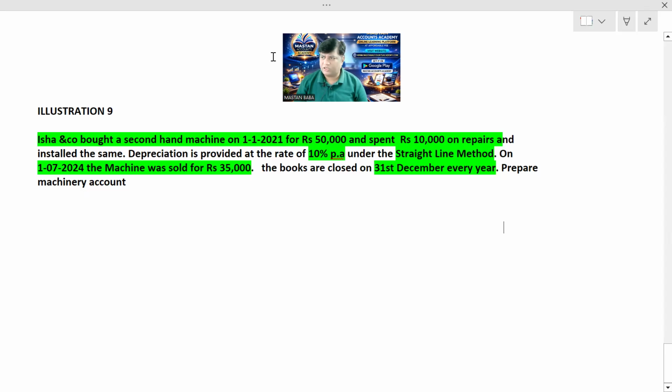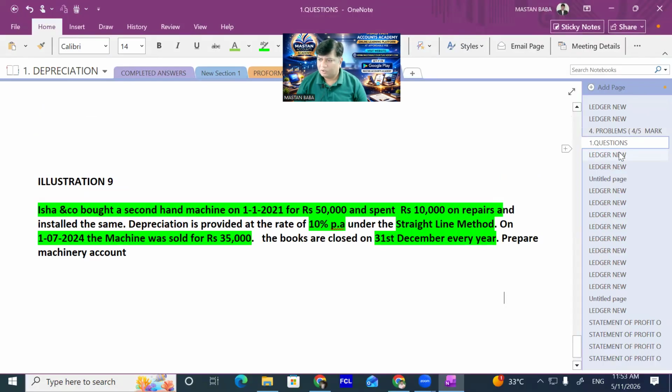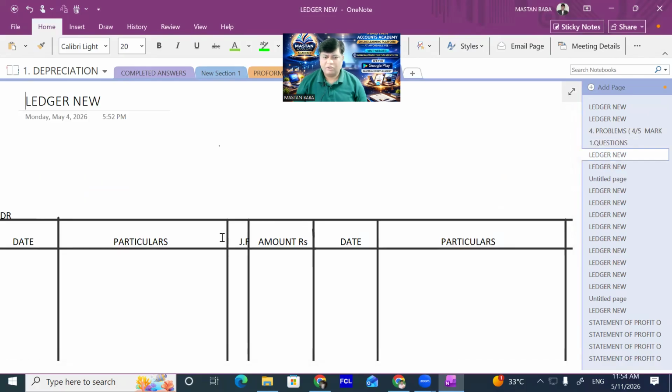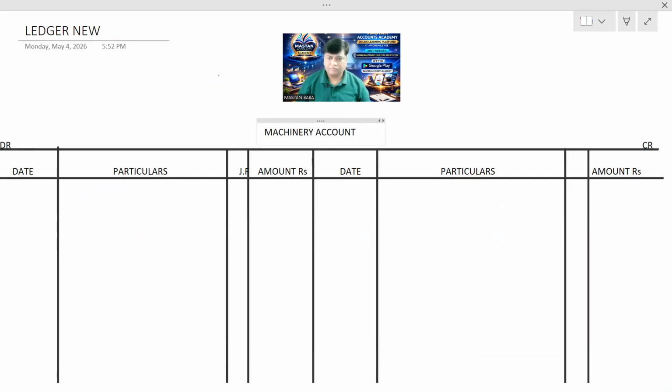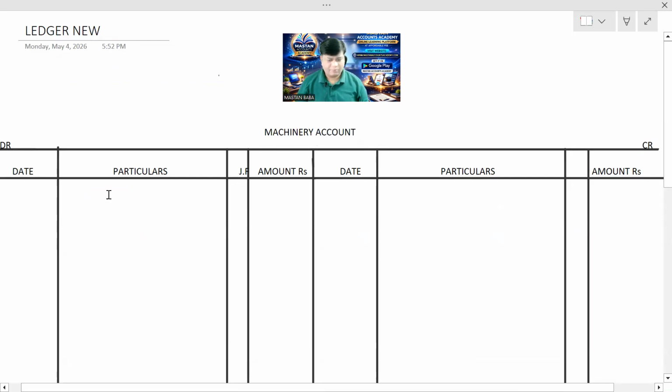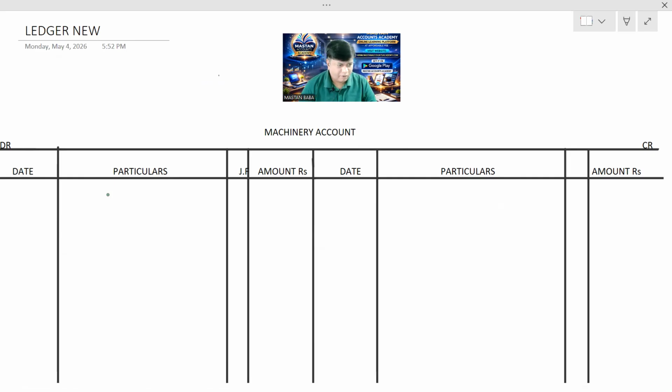So just go through the ledger account now. We'll open the ledger account, named machinery account. As we know, it is purchased on 1/1/2021, so I'm writing the date, very simple presentation.